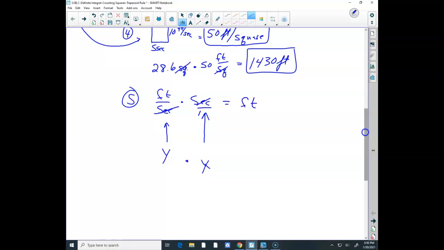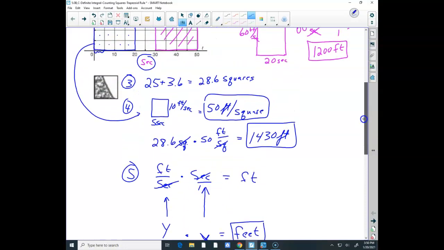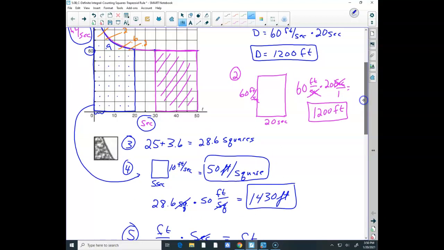Therefore, any time in this particular picture, I'm going to get feet when I multiply and get an area underneath that curve, okay? And these units are going to be different on everything, but that's the whole process of a definite integral, okay?